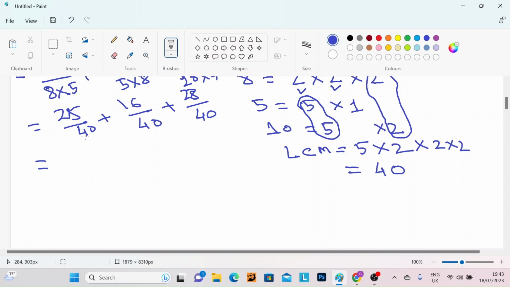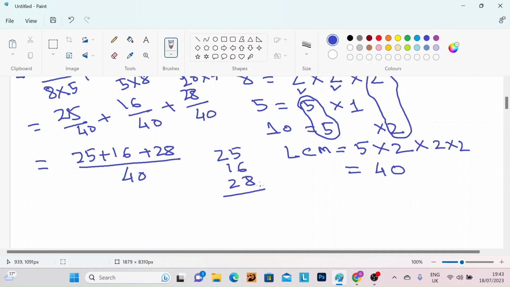Because 40 is common as the denominator in all three cases, we write 40 as the denominator, and in the numerator we add 25 plus 16 plus 28. So 69. Therefore, 69 by 40 is the result of the addition.